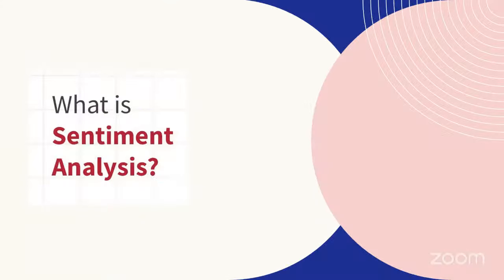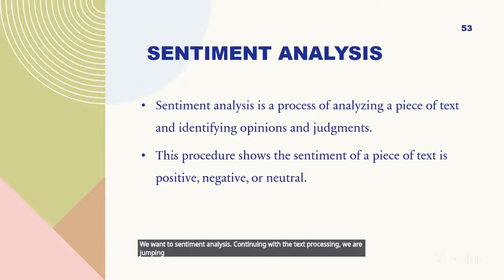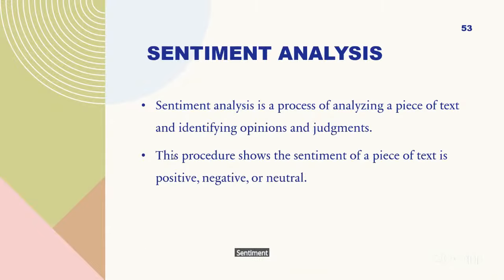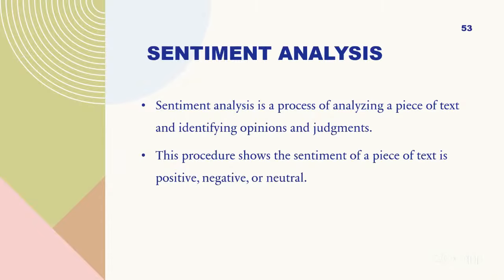We move on to sentiment analysis. Continuing with text processing, we are jumping on to sentiment analysis. Sentiment analysis gives a result for text which we have already processed. We have processed a document, that is a statement, and the statement is converted into tokens, that is words, and each word is considered and given an opinion.